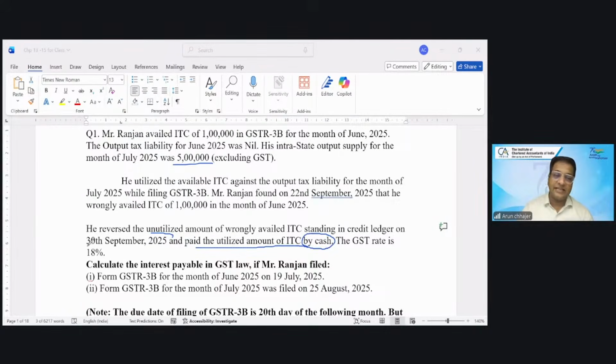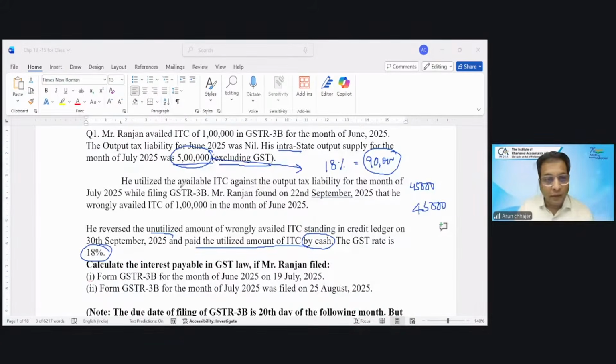And the GST rate is 18%. What we could understand is that this is the total amount of the supply because it is excluding GST. So we can say 5 lakh multiplied by 18% is equal to 90,000 and it is the tax liability. It is intrastate, so I can say 45,000 CGST and 45,000 SGST.